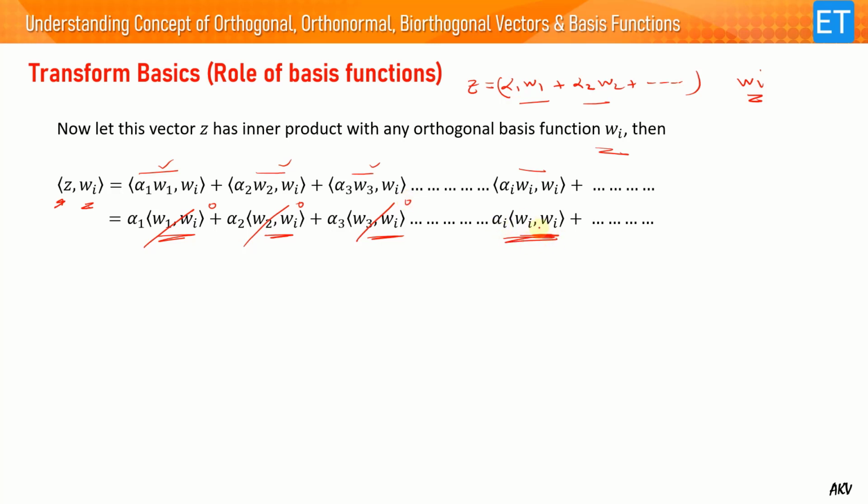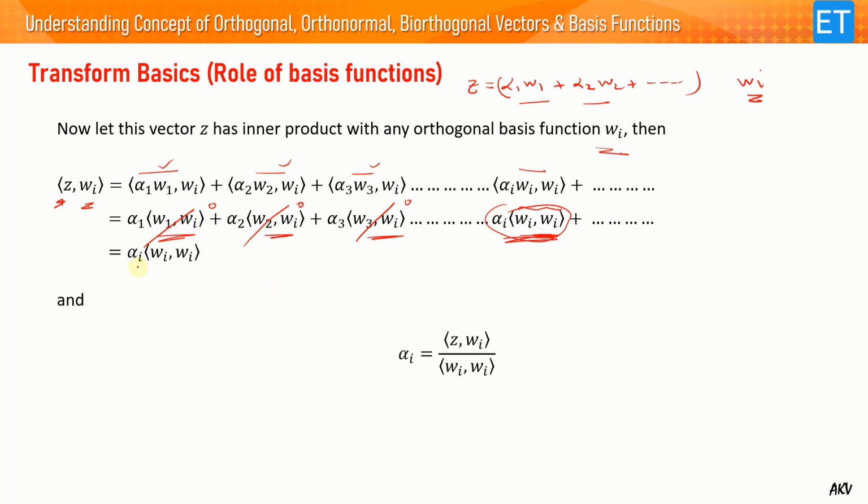Here Wi has an inner product with itself. In the definition we have said that if W1, W2 are orthogonal, then this will be some real number. If they are orthonormal, then this will be equal to 1. Okay, so all terms will be zeroed out, only this term will remain. So that is equal to alpha i times the Wi inner product.